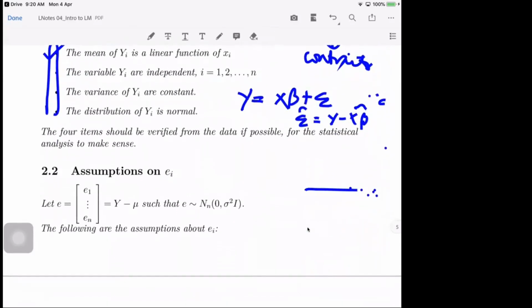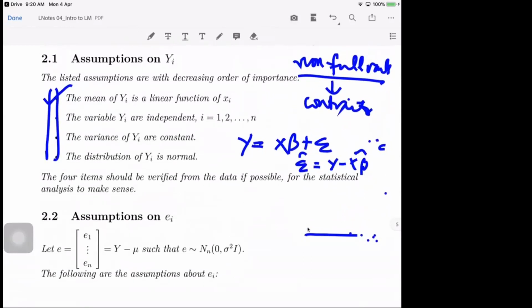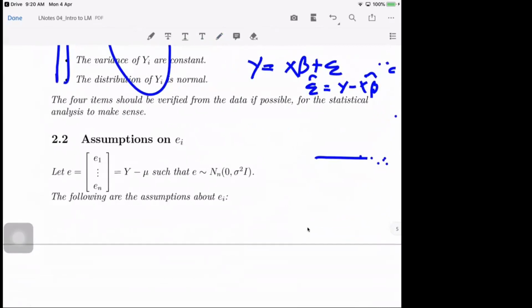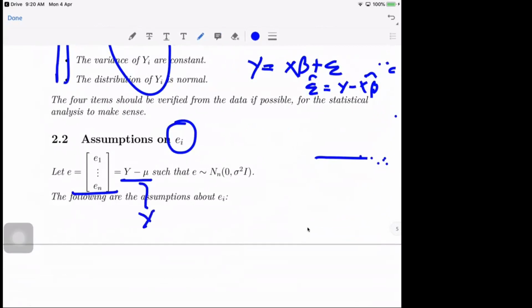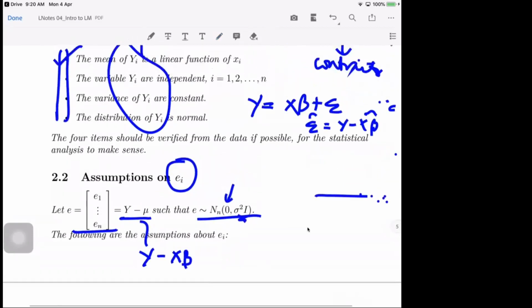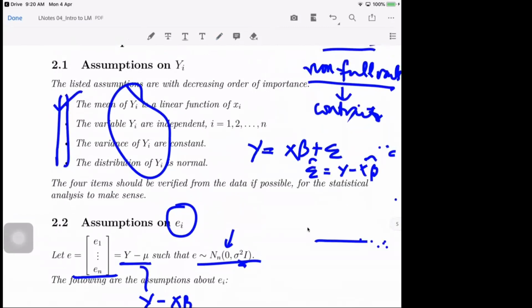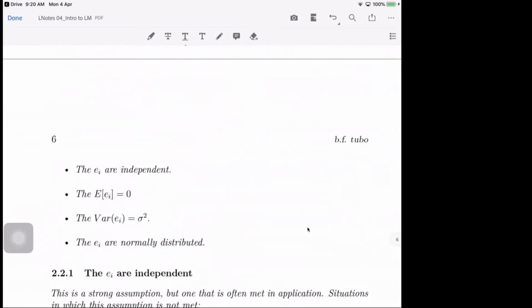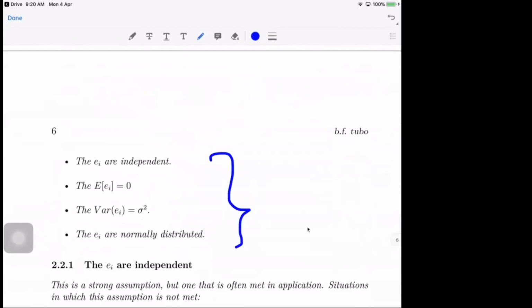The assumptions on the y's can be related to the assumptions on e. If e is the difference between y and mu, or y minus x beta, and the e's are normally distributed with mean 0 and variance sigma squared, then the listed assumptions on y will follow from the assumptions on e.